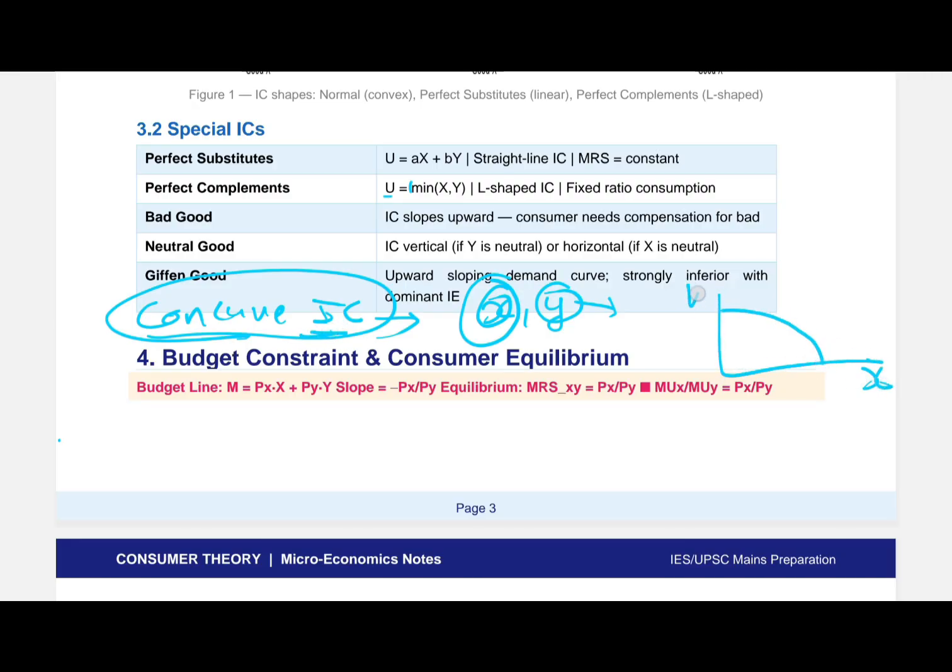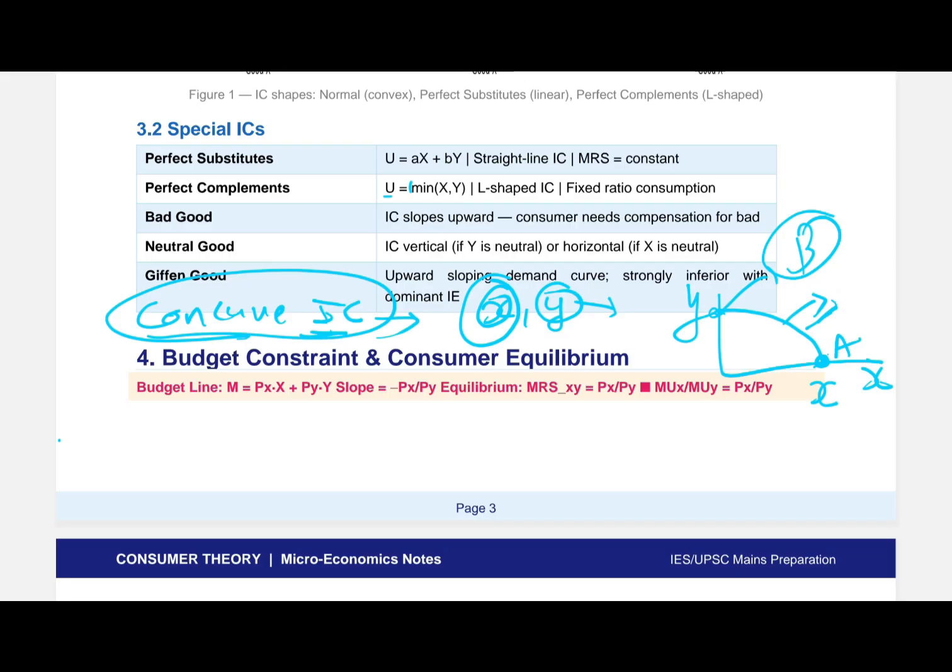So this is X, this is Y. If we spend all our money on the good X, we are at point A, and if I am spending my whole income on the good Y, then we are at point B. So this gives us the concave concept.